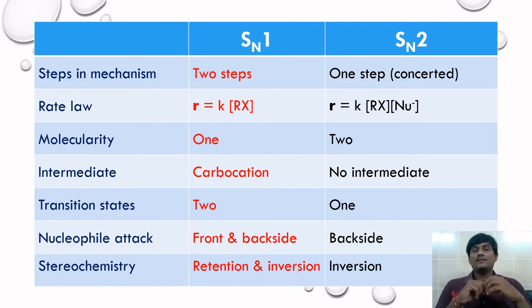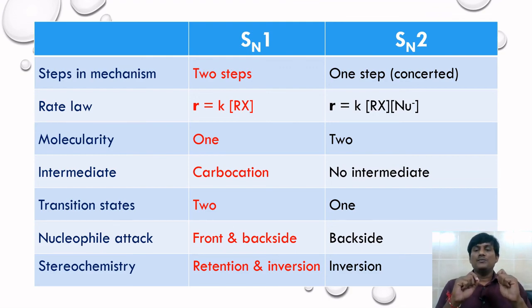In the SN1 case you have 2 steps, so you can find 2 transition states. But in SN2 you have only 1 step, so you can find only 1 transition state. In the case of the nucleophile, since the intermediate is planar, there is a possibility of the nucleophile attacking from the front side and back side. So here you can find front side attack and also back side attack.